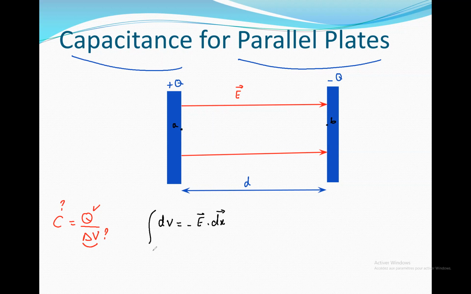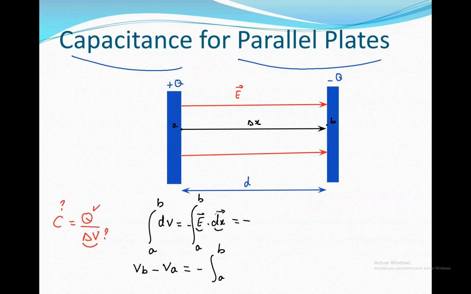Delta V between A and B, and dx will be between A and B. So VB minus VA equals minus the integral from A to B. The angle between E and dx equals 0.